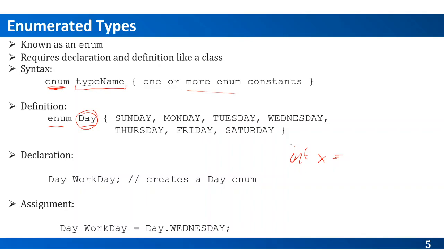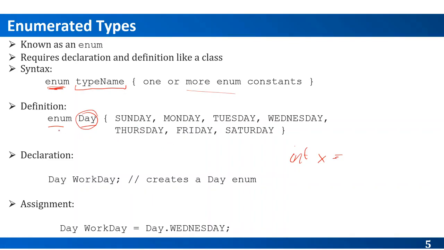So that is the same way. Here I'm defining them as SUNDAY, MONDAY, TUESDAY, WEDNESDAY, THURSDAY, FRIDAY, SATURDAY. Now, one thing you will notice here is that all of them are uppercase. This is not required, but it's the standard naming convention. You don't have to do it, but that's the common thing.